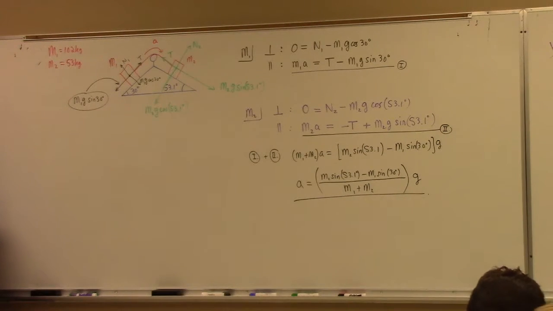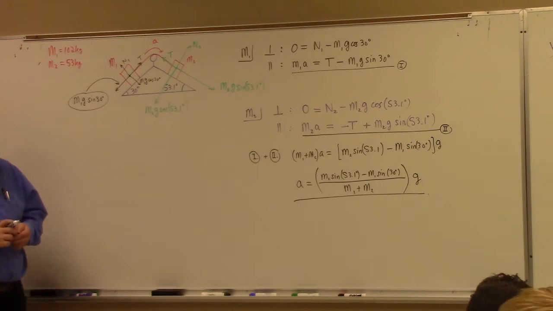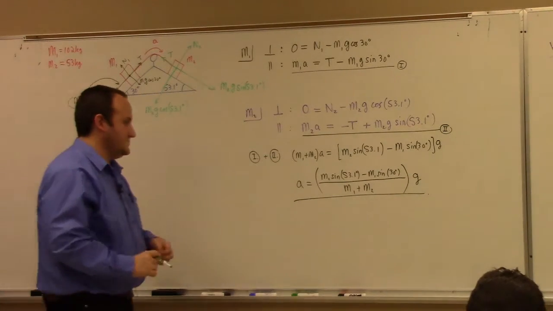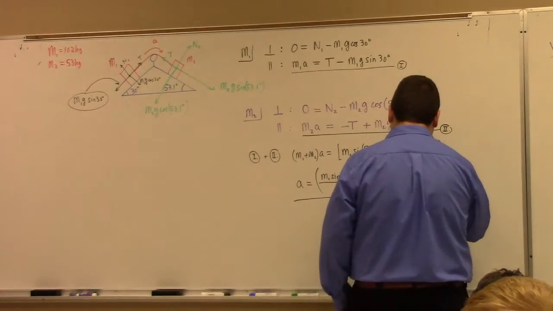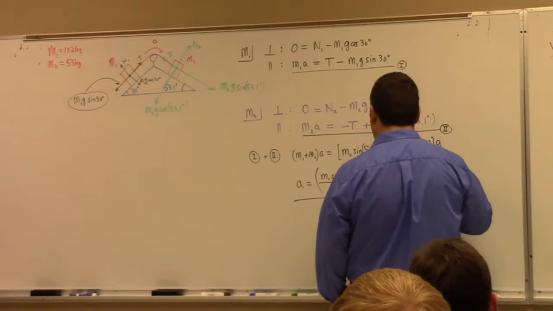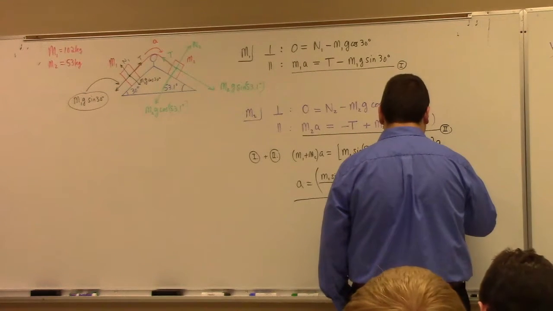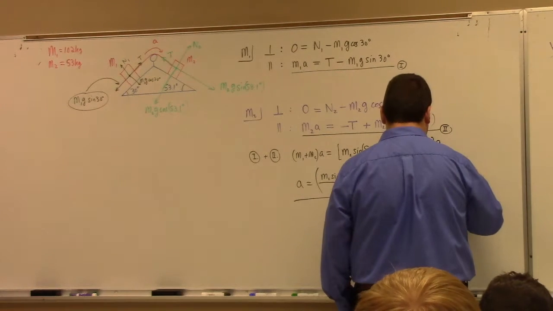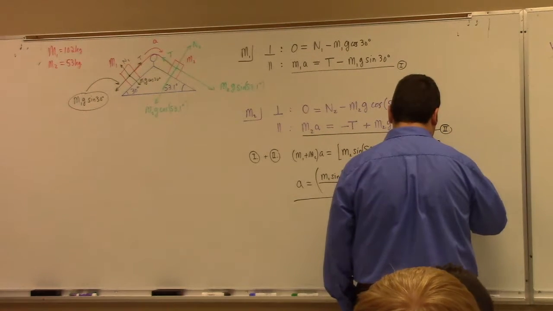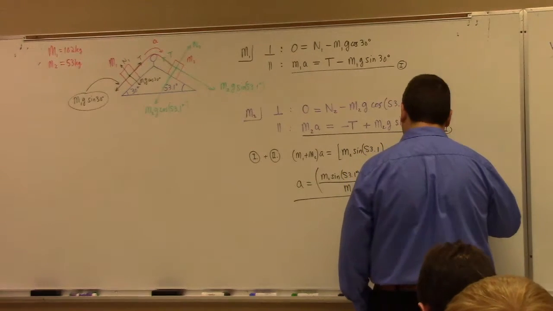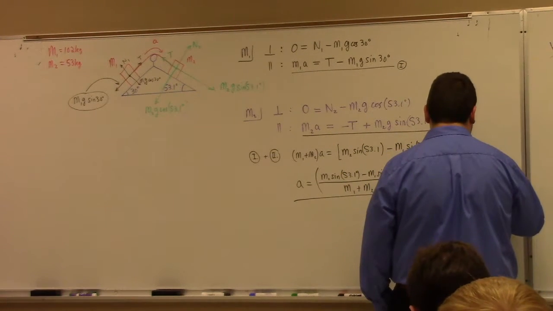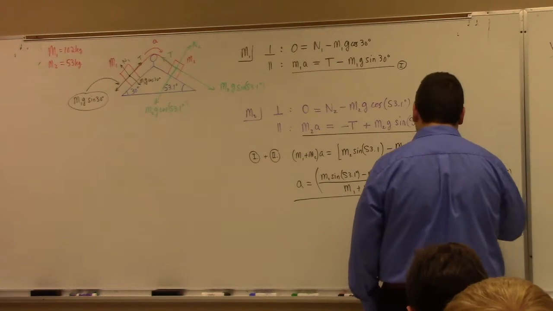And of course, you can crunch the numbers at this point, right? You can put the 102 in, you can put the 53 in. Sine of 30 is a half.